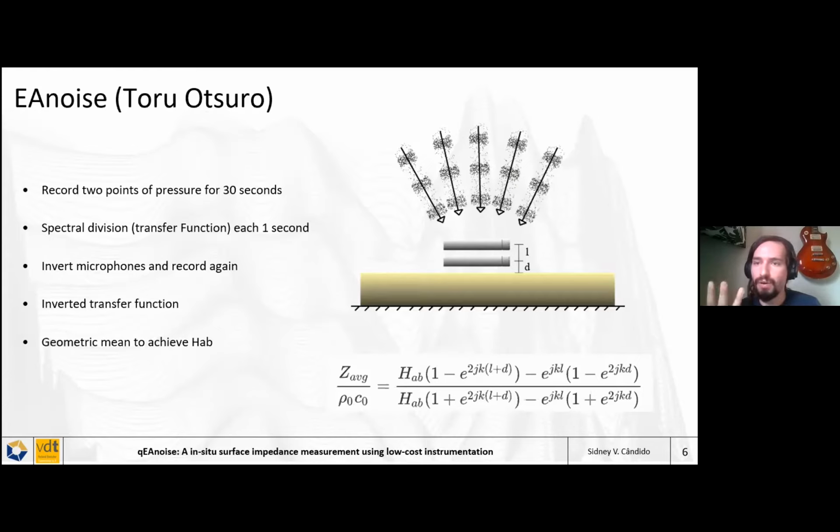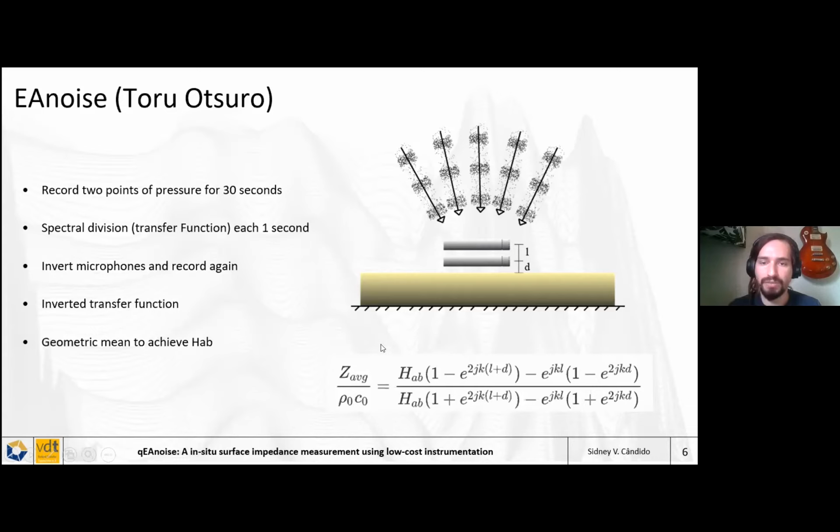And you need only 3 parameters: the relative position between the microphones, so this spacing L, and the distance of this microphone to the sample, and the transfer function or the spectral division between them.